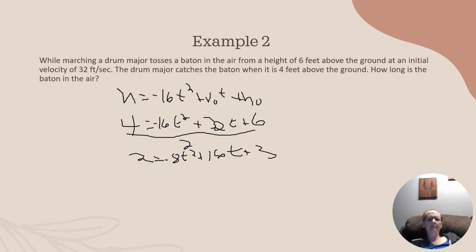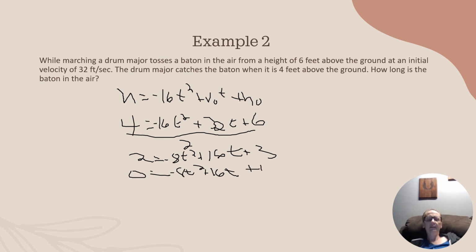The best way to do these is to move everything to the same side of the equation. So I'm going to kick the 2 to the other side, so it doesn't affect the t squared or the t at all. When I subtract 2 from 3, I get 1.